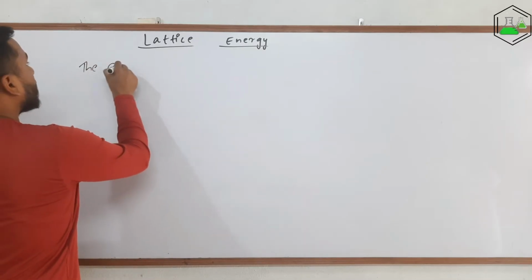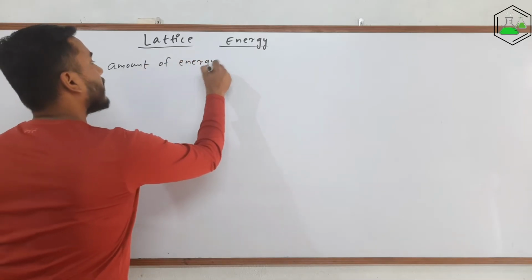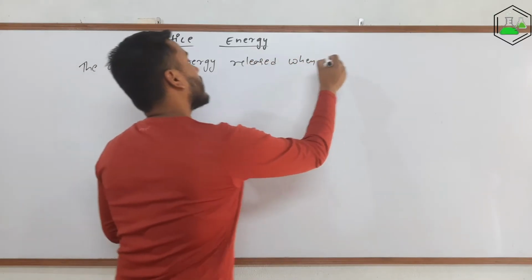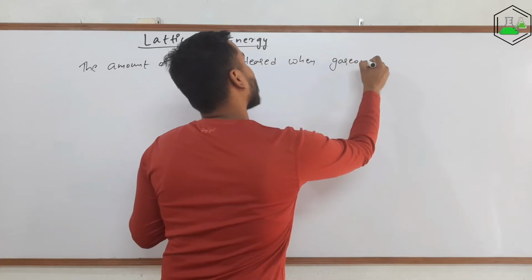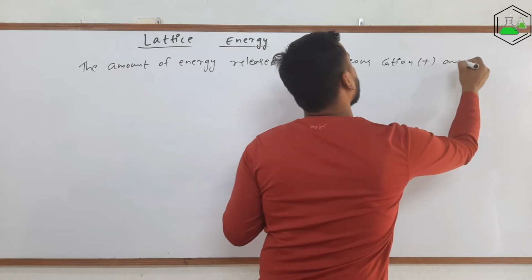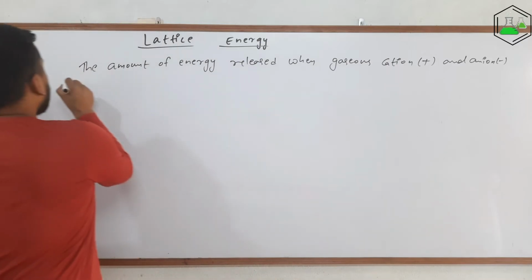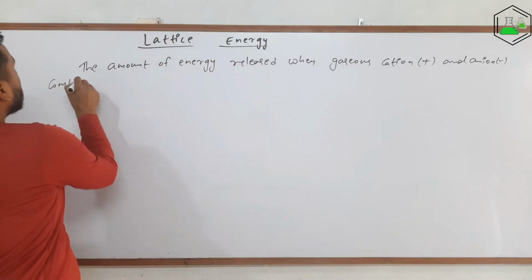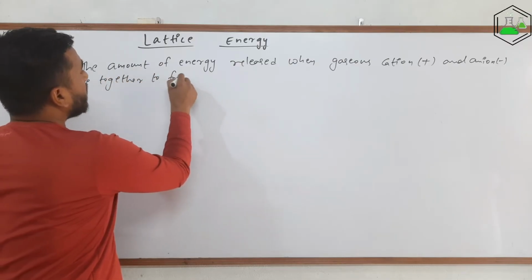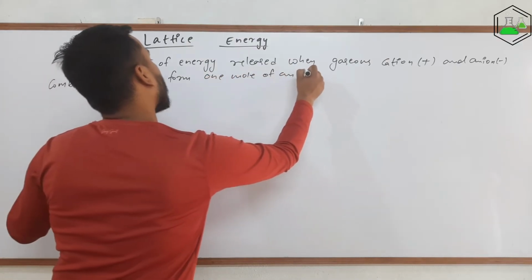The amount of energy released when gaseous cation, that is positively charged ion, and anion, that is negatively charged ion, combine together to form 1 mole of an ionic compound.